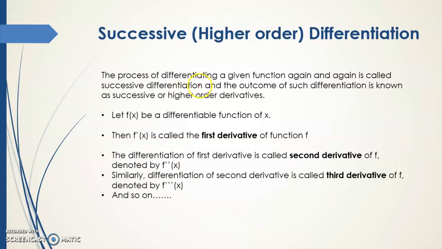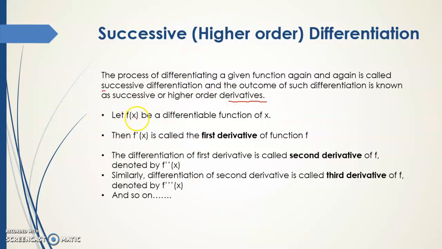Next important part of differentiation is successive and higher order differentiation. The process of differentiating a given function again and again is called successive differentiation, and the outcomes of such differentiation are known as the successive and higher order derivatives. You can use simple steps for calculating the higher order derivatives.